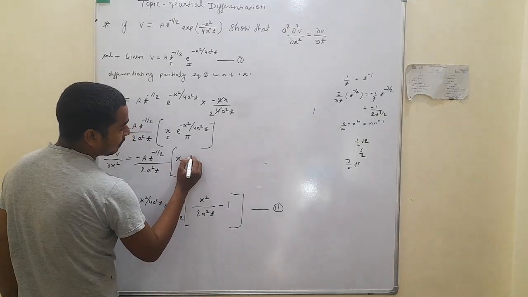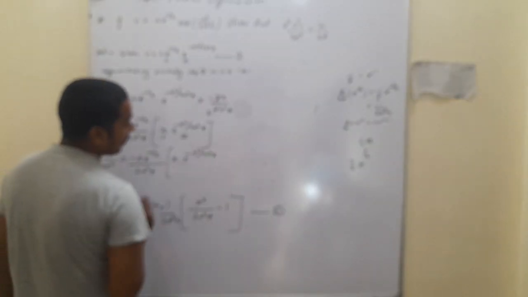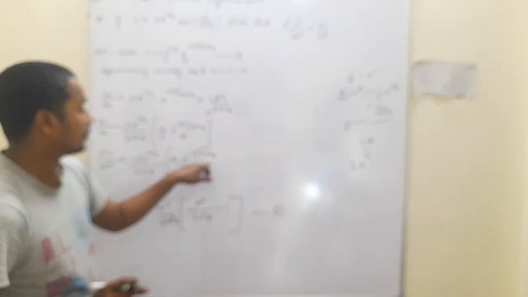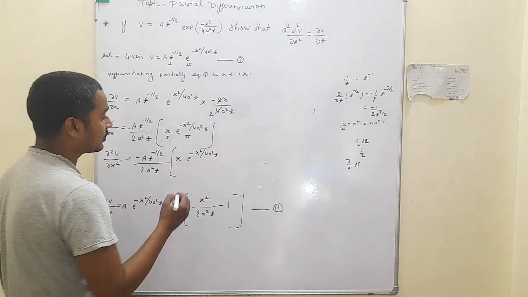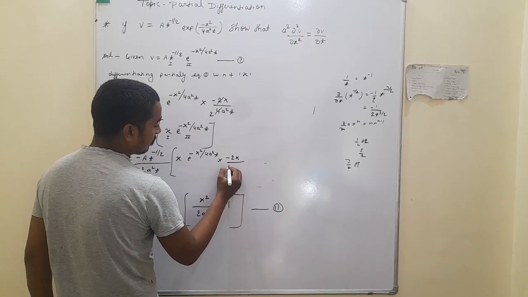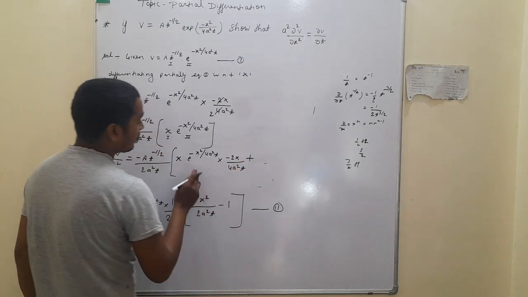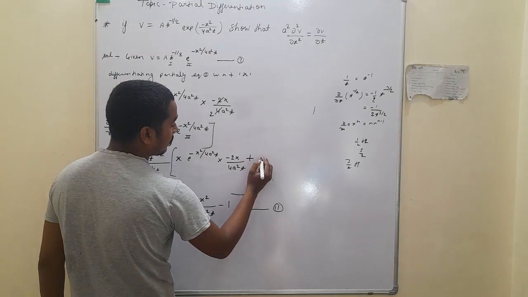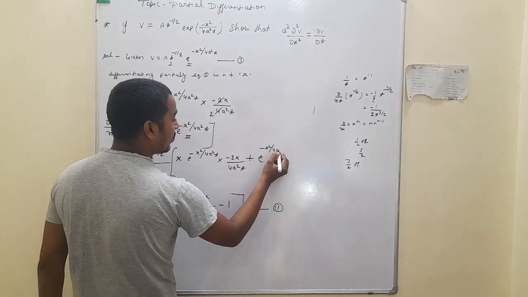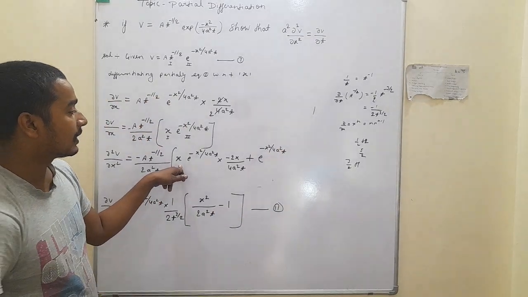This gives e to the power of minus x square upon 4a square into t, and again minus of x square upon 4a square into t, with 2 differentiating with respect to x, gives minus of 2x upon 4a square t. Plus the second function e to the power of minus x square upon 4a square into t, and the first function differentiated with respect to x gives 1.